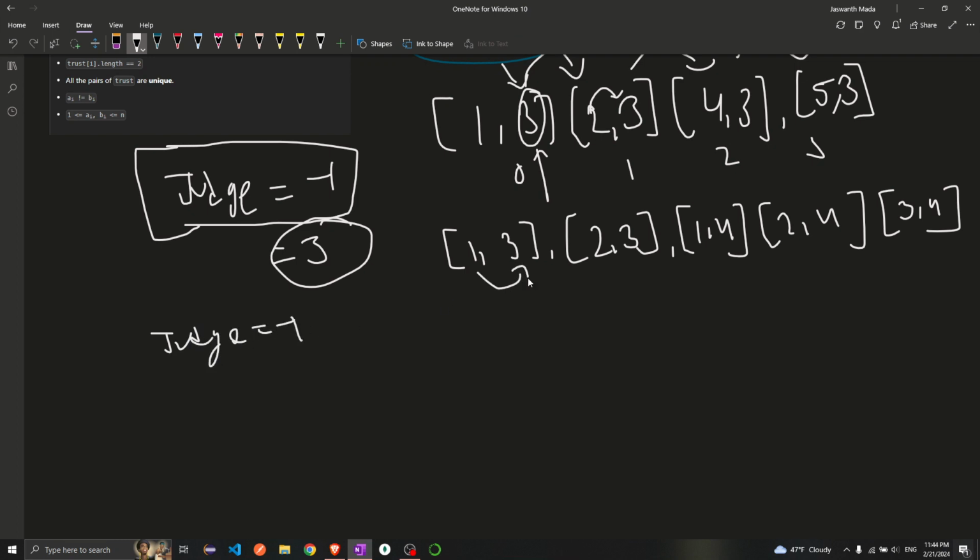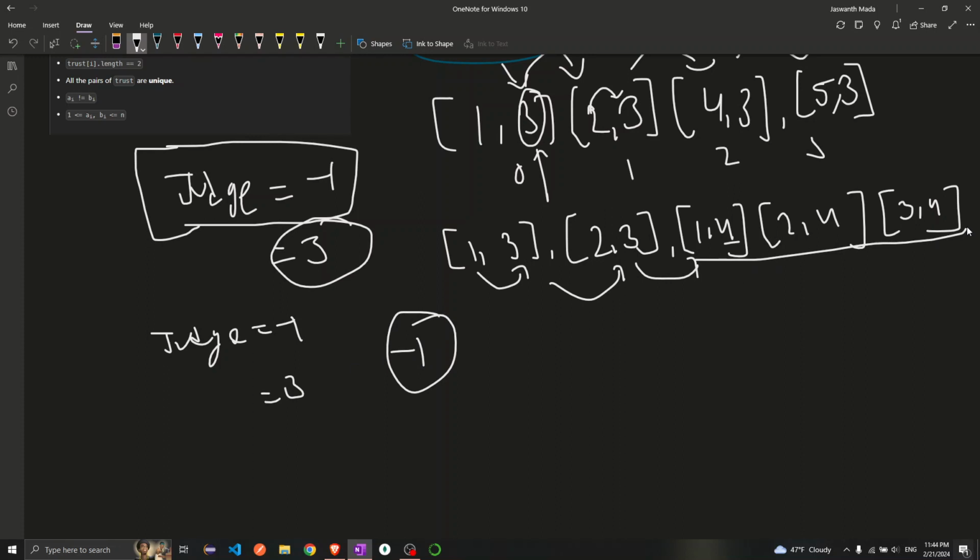So when I come here, I'll have 3 as my judge, right? Then I'll come here, I have 3 and 3. These are equal. So when I come here, I see that my judge changed, right? So at this point of time, we are returning -1.